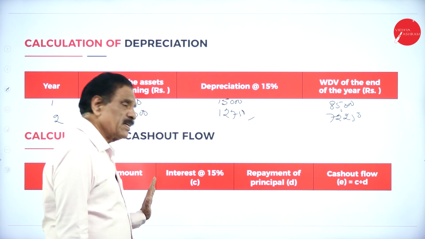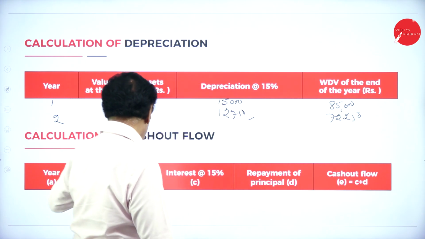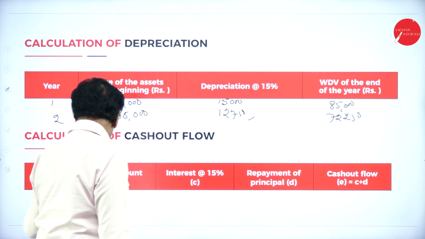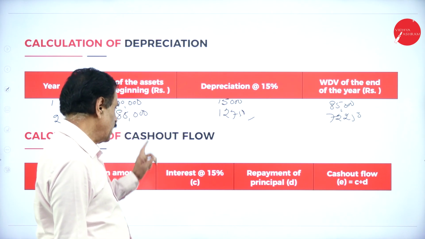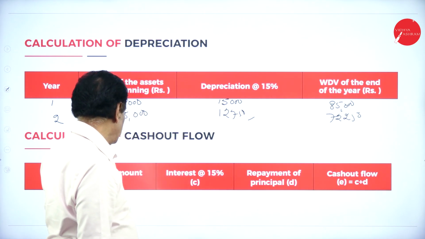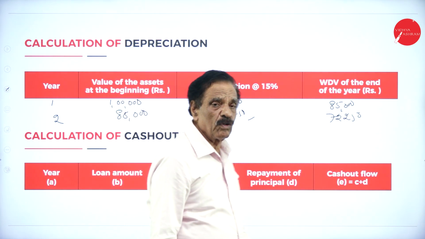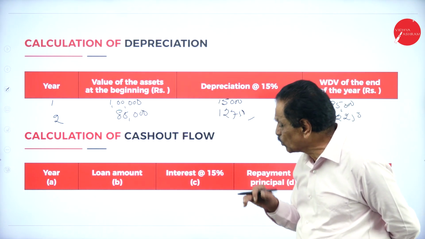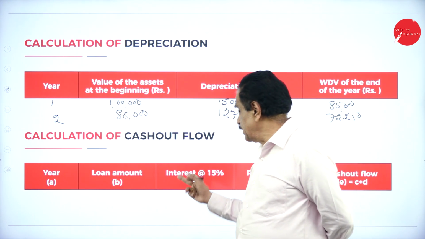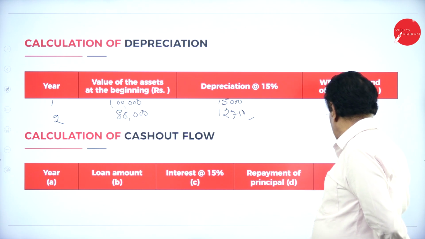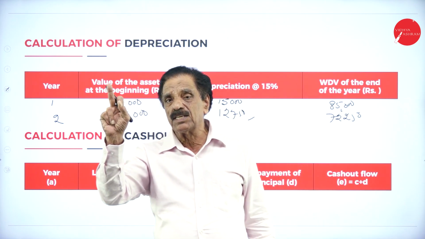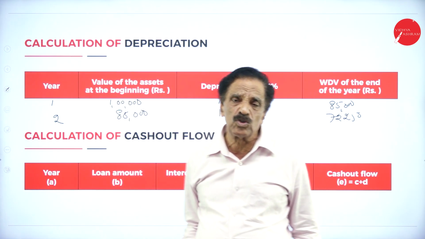Out of the installment, deduct the interest, and the balance is the repayment of principal. From the loan amount, deduct that principal, and the balance is what you have to pay. The interest is 15%.